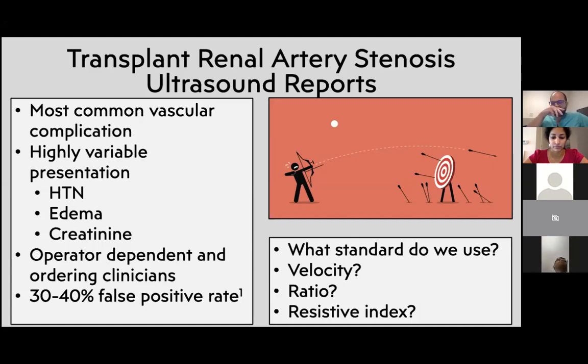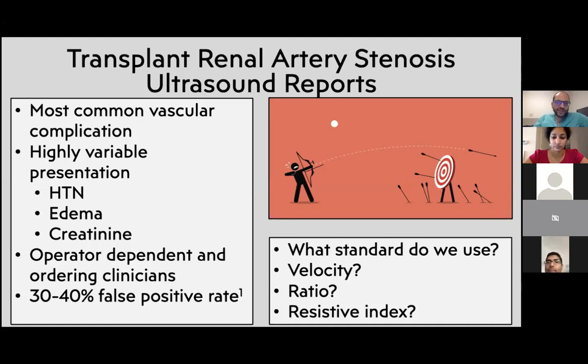Now, the challenge from the ultrasound report standpoint is that there's actually no established criteria for saying whether or not transplant renal artery stenosis exists. We have criteria for native renal artery stenosis, but not for transplant renal artery. So what do we use? Well, we think maybe velocity might be important, but even if we think velocity is important, what is the cutoff?